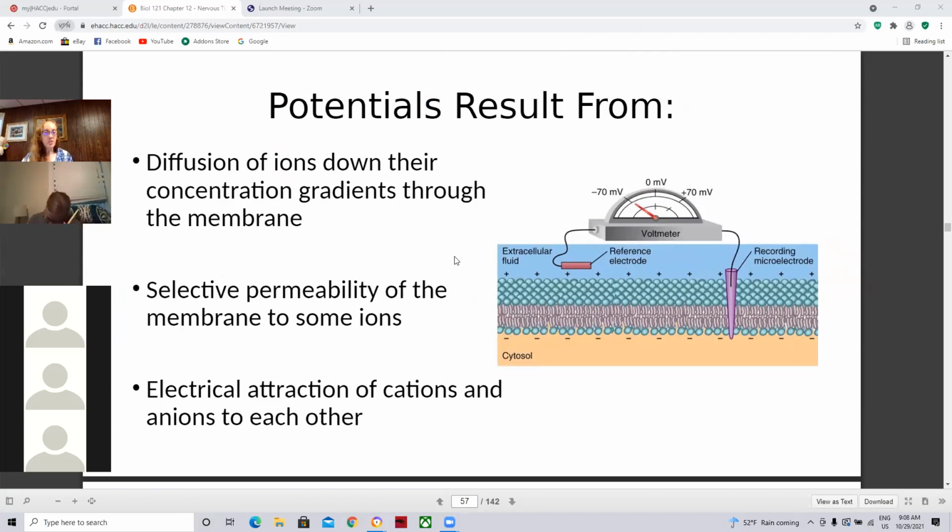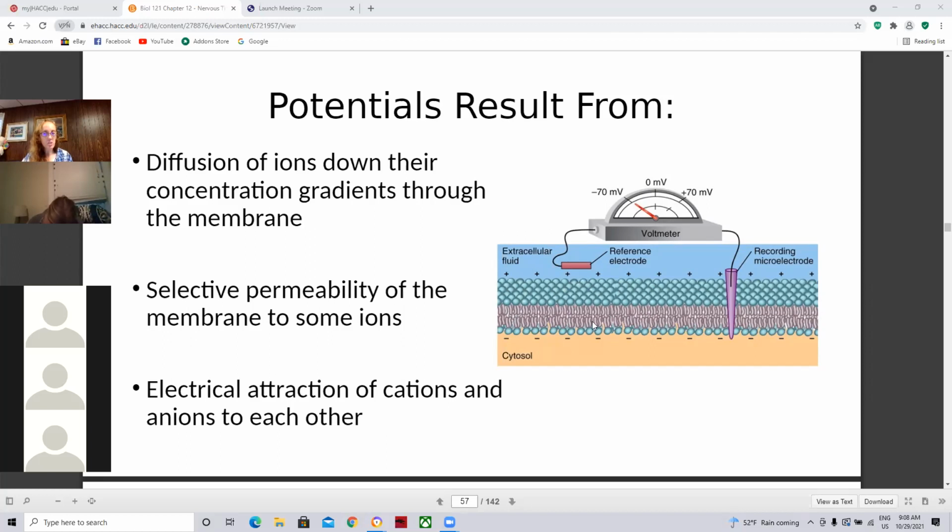Potentials result from the diffusion of ions down their concentration gradients, the selective permeability of the membrane to some ions, and the electrical attraction of cations and anions to one another. So the opposite charges across the membrane are attracted to one another.